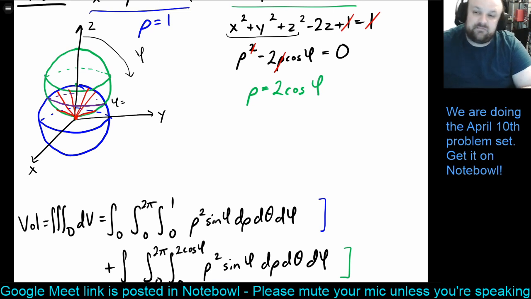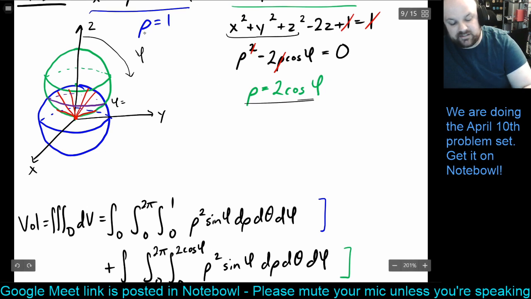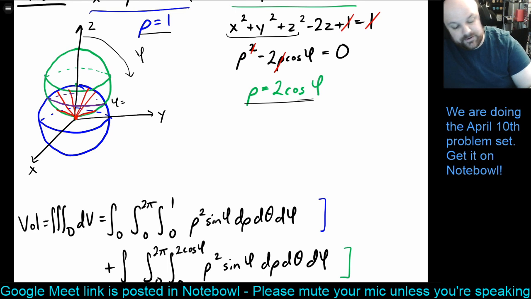We can do that pretty simply by taking the 2 equations that we have and setting them equal to each other. Phi at its maximum is going to be just pi.